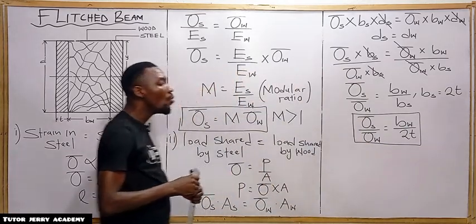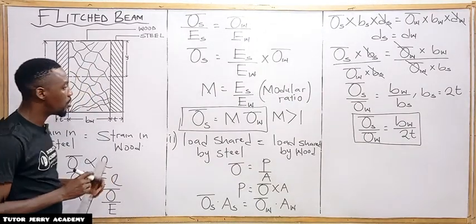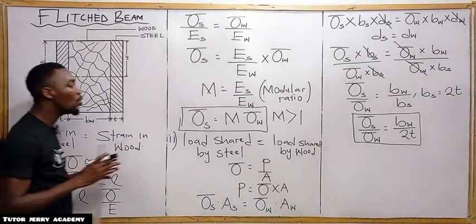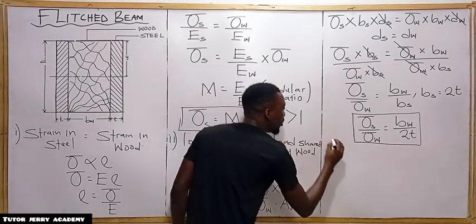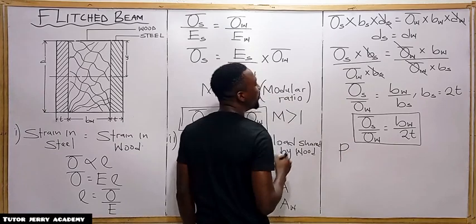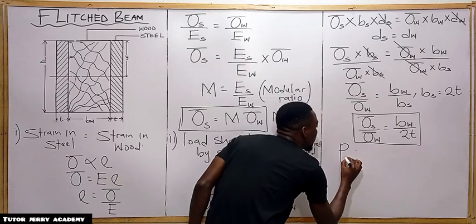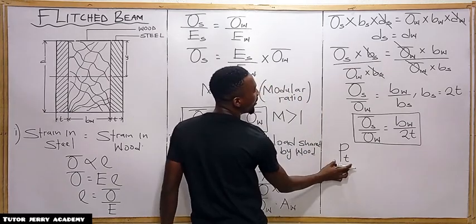So now, what will now be the total load? All right, so the total load of the flitched beam will be equal to, let's put T total here, please take note, this is total load.